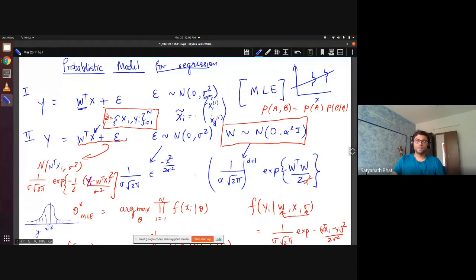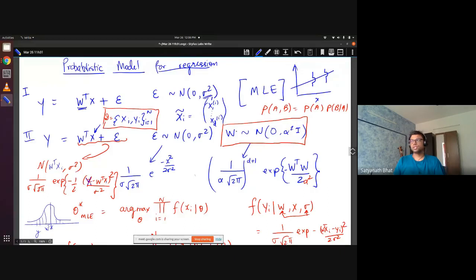Now, once we have seen the MLE estimate, the natural question that comes next is, what if we do some kind of Bayesian estimate? Everything is the same. There is W transpose X plus epsilon. Now W, instead of being a single fixed parameter, is a distribution.